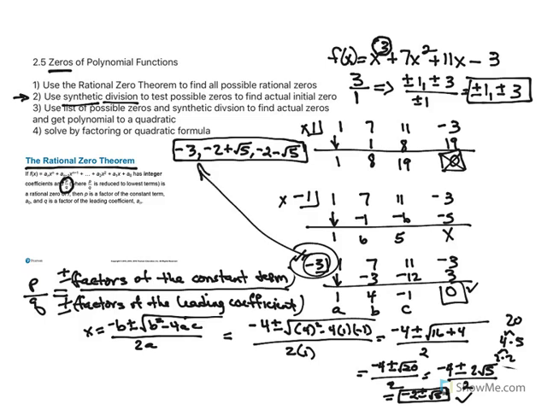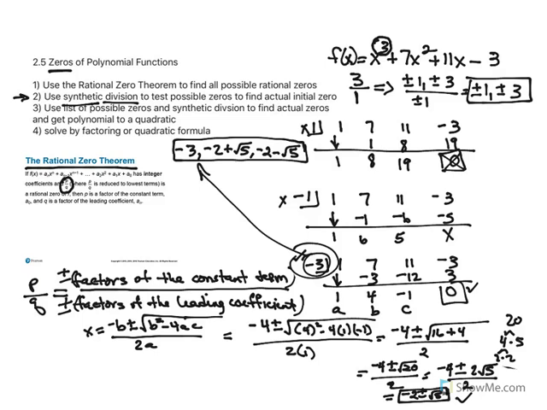And so that's going through all the steps to solve and find the zeros of the polynomial function. You use the rational zero theorem, do your P over Q, you get a list. Then you go through that list using synthetic division until you find one that is actually a 0. Once you find that 0, you're good to go. And you just keep doing that same process until you get the polynomial down to a quadratic.